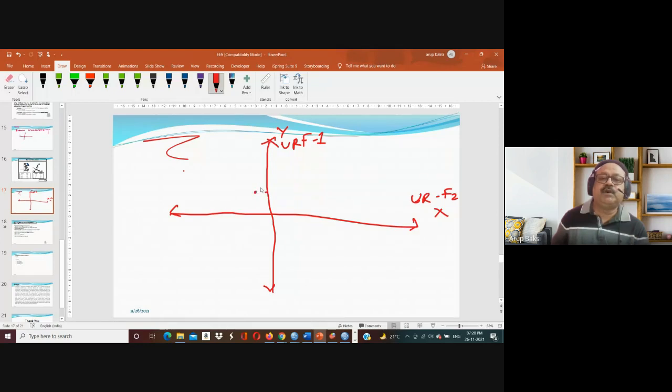Say this is 0.5, this is 0.6, this is 0.7. Similarly, this is 0.5, this is 0.6, this is 0.7. And on the left hand side, this is the negative side, minus 0.5, minus 0.6, minus 0.7. This is also the negative side, minus 0.5, minus 0.6, and minus 0.7.